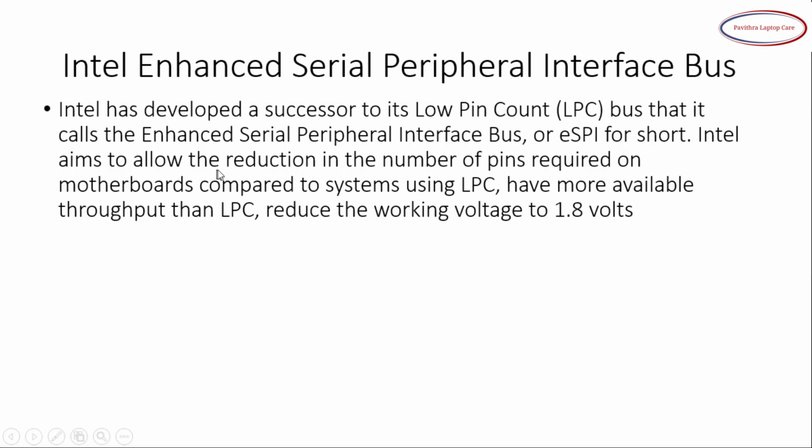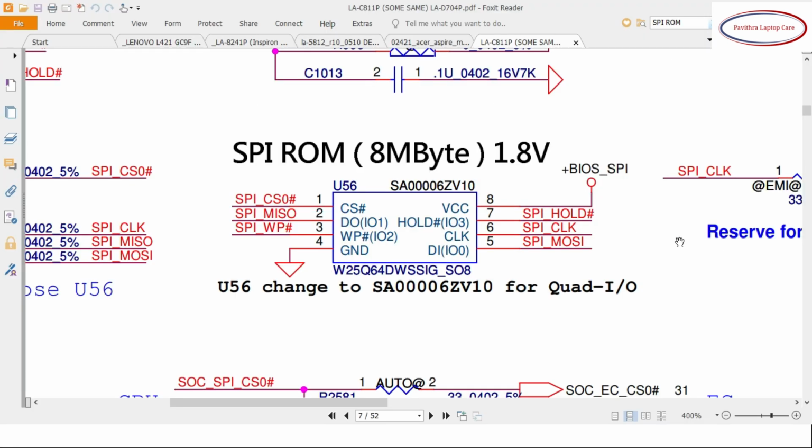Intel aims to allow the reduction in the number of pins required on motherboards compared to systems using LPC. Okay, have more available throughput than LPC, and reduce the working voltage to 1.8 volts. See, 1.8 volts, which already is here.